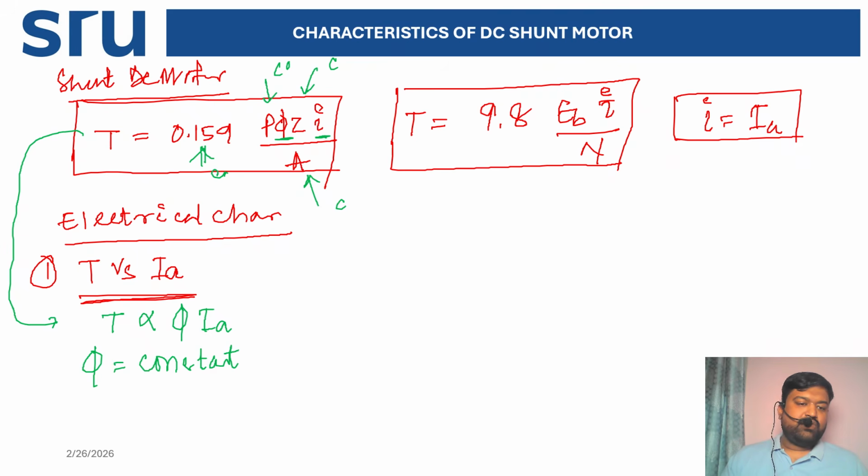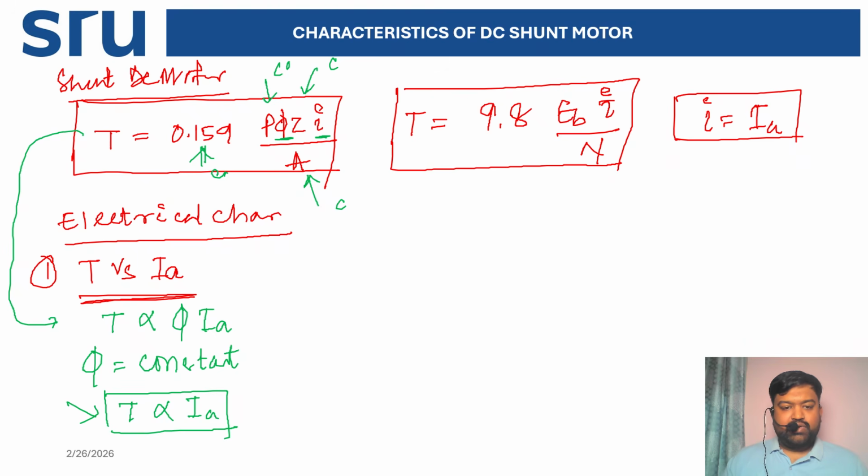If flux is constant, then torque is directly proportional to I. From this you can draw the characteristic graph. I will put the torque on the y-axis and the current on the x-axis.